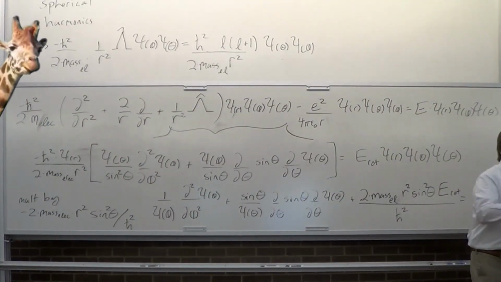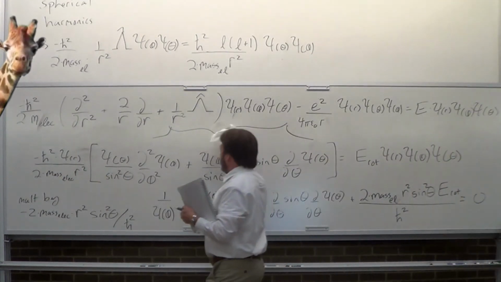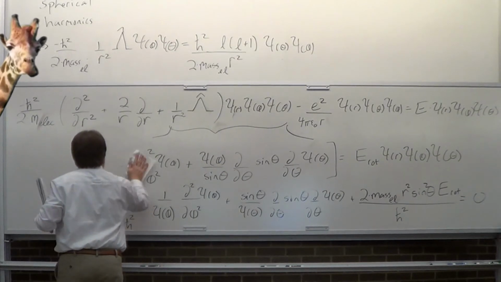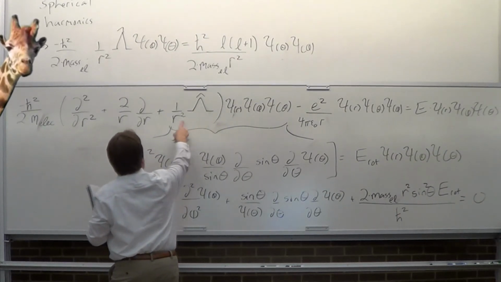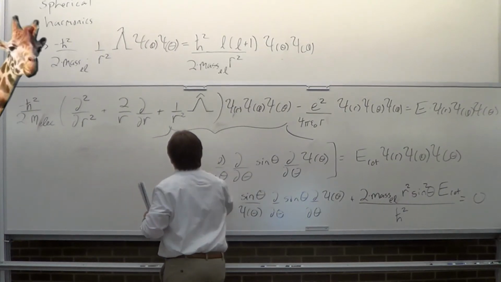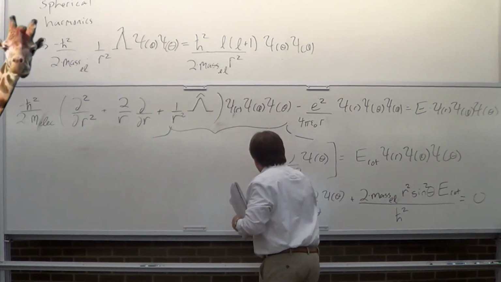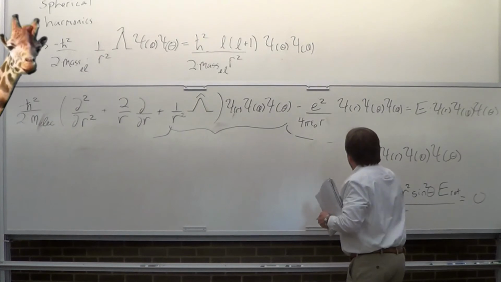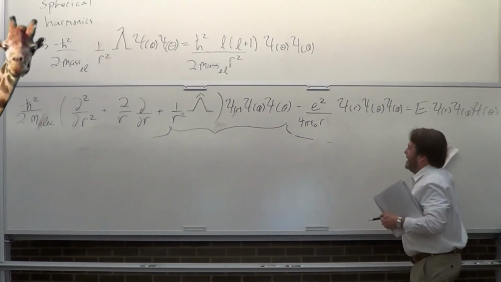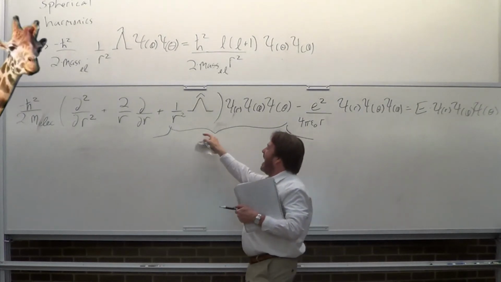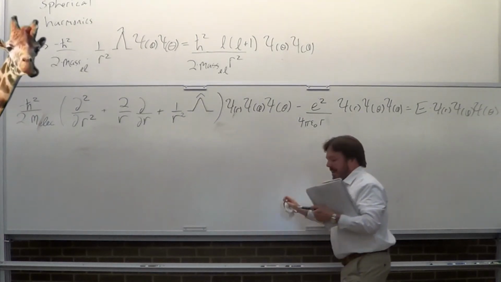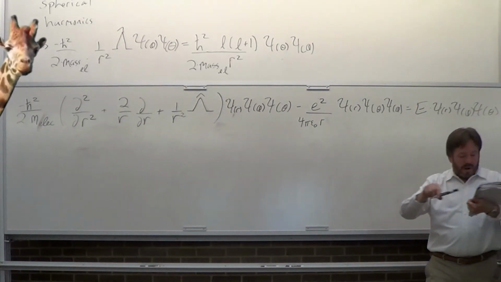Maybe in your notes, I'm kind of cheating right now, maybe in your notes rewrite the thing on top, and I'm going to insert this L times L plus 1 for here. That was actually the whole point of what I've been rambling on for about the past half an hour, that despite the fact that you can't separate, you just do it anyway. And I'm going to plug in everything I just wrote for the angle bits. So the angle bits kind of go away.